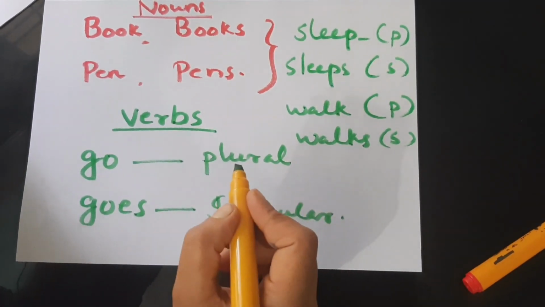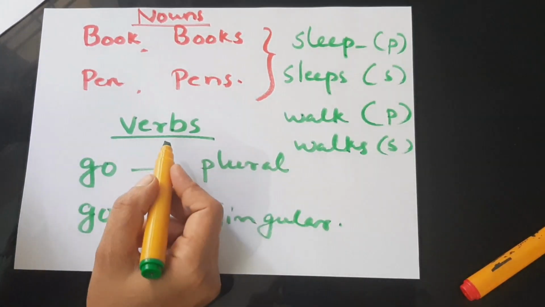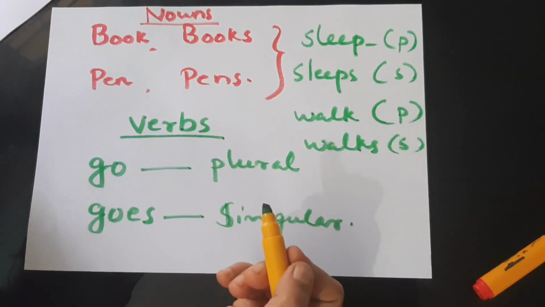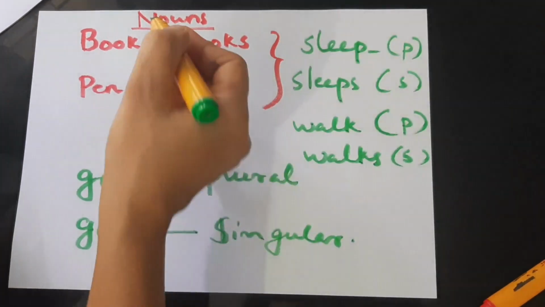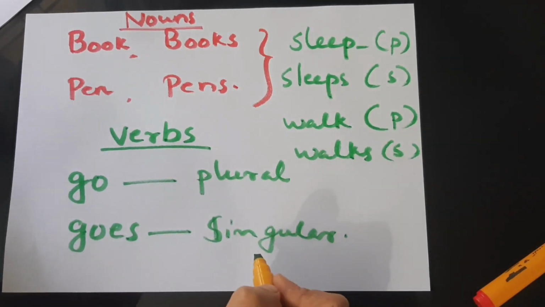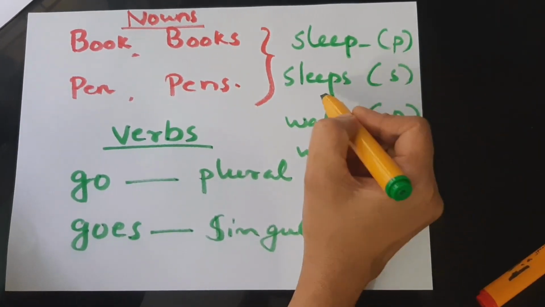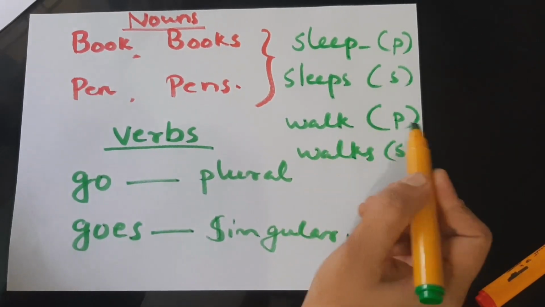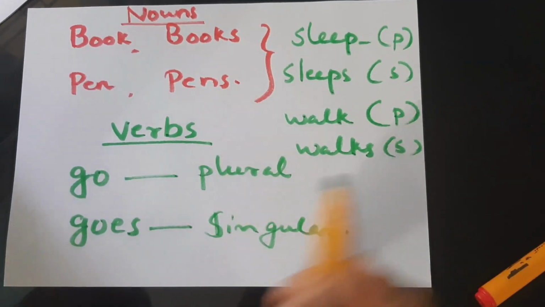So what did you learn now? A verb too has two forms, singular and plural, just like the nouns. Go is plural, goes is singular. Sleep is plural, sleeps is singular. Walk is plural, walks is singular.